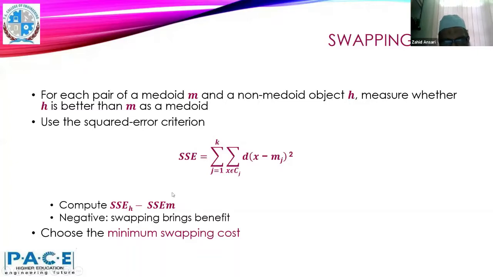We take the difference: the new object's SSE minus the existing medoid's SSE. If the new object's SSE is less, then it is reducing the sum of the squared error. So we want to minimize the swapping cost. A negative value tells us that because of this swapping, we are getting the benefit: our clusters are more compact.